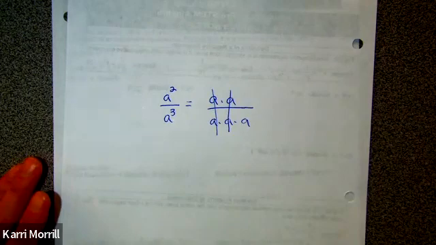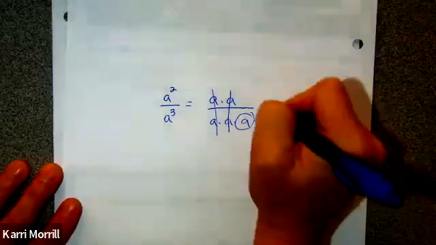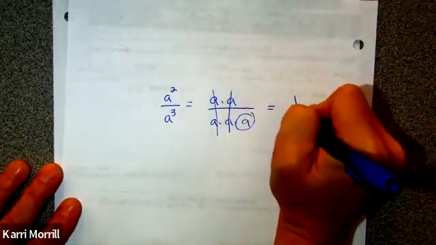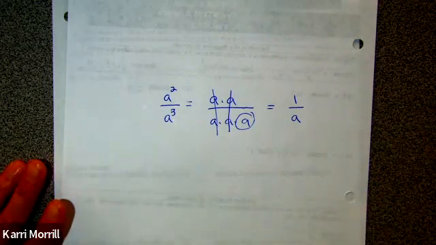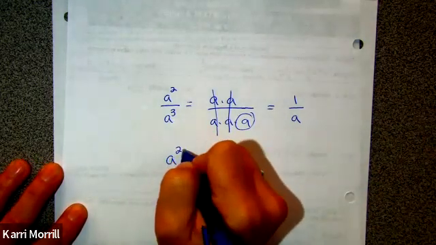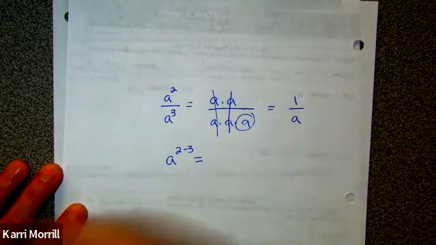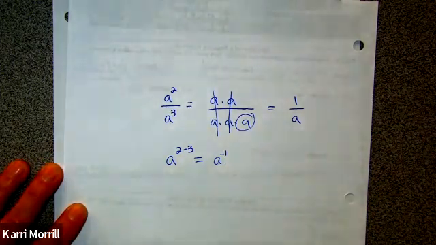So see how 2 of those would cancel out, and you would be left with 1 there in the bottom part of that fraction. So this would be like saying 1 over a. When we learn the division property, it's like you're taking 2 minus 3, which gives you a to the -1.